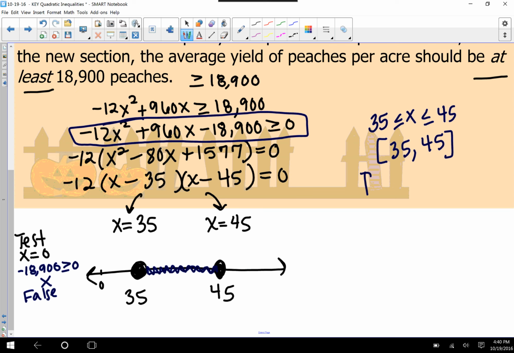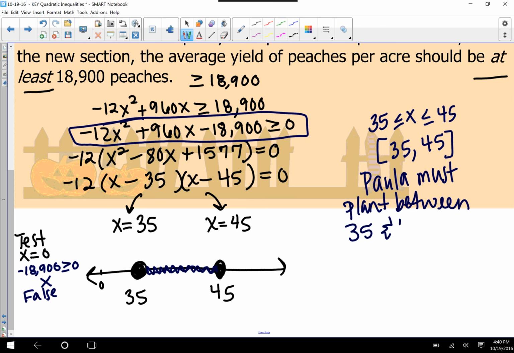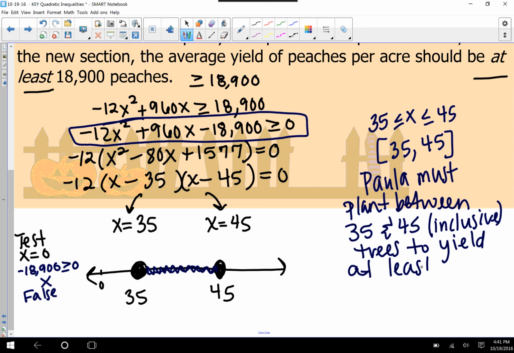So we can say Paula must plant between 35 and 45, and I'm going to use the word inclusive here because each of those would work, right? 35 and 45 trees to yield at least, because that's the minimum amount, right?